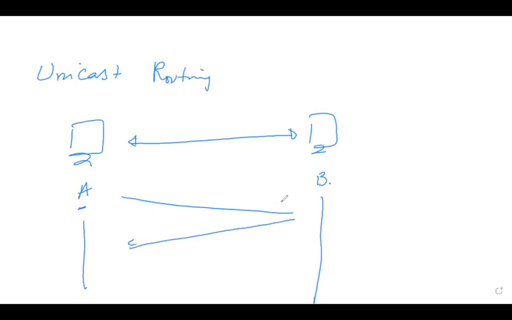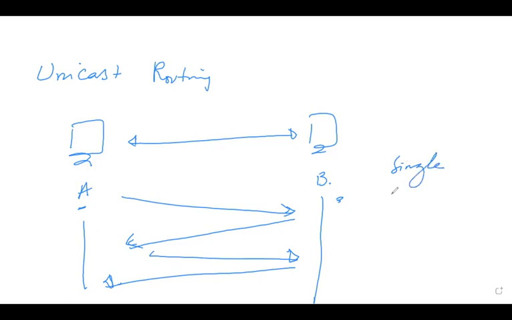Node A sends data to node B, and node B sends data to node A. So they are sharing information with one another, and this is node-to-node or single-node communication. As you know, uni stands for one. So this is a communication between one node and another node.